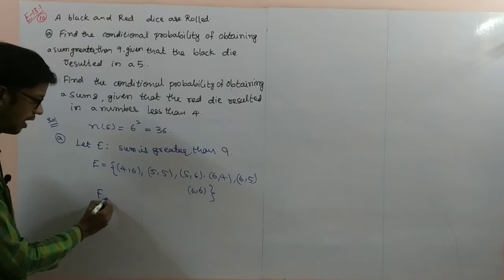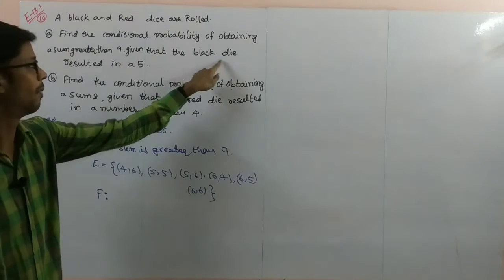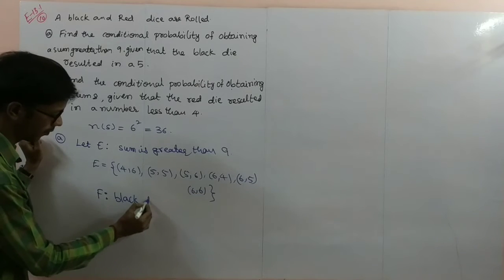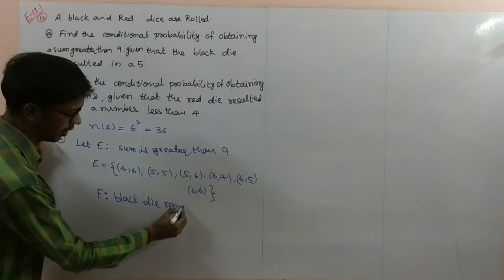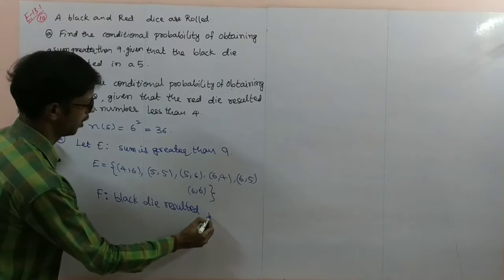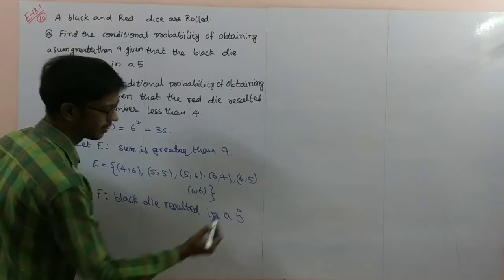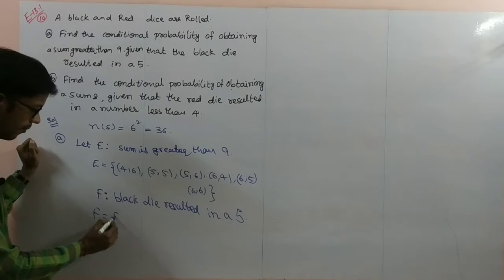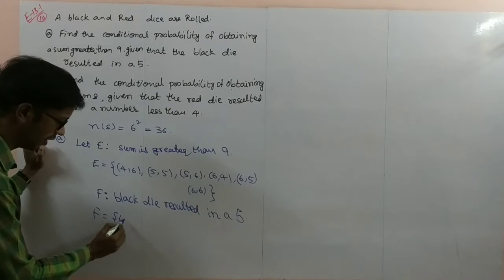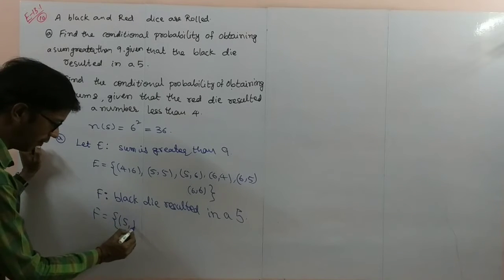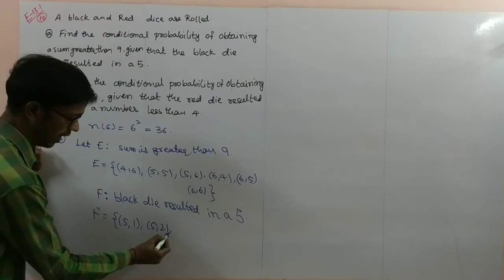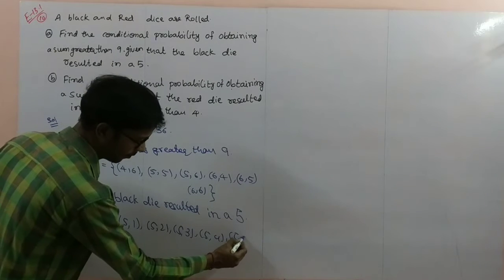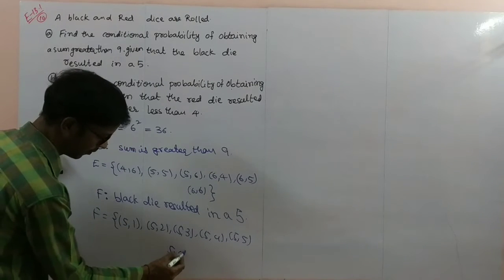Next, F be the event that the black die resulted in a 5. F is the event. Favorable outcomes: the first one I am taking as the black die. So 5 first, second one 1, 5 2, 5 3, 5 4, 5 5, 5 6.